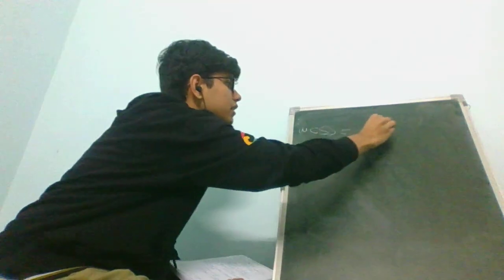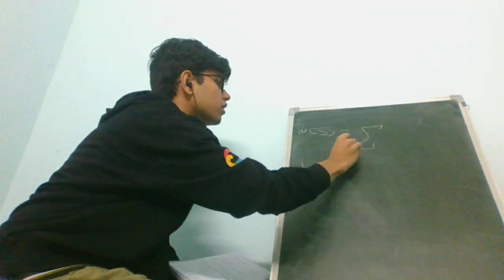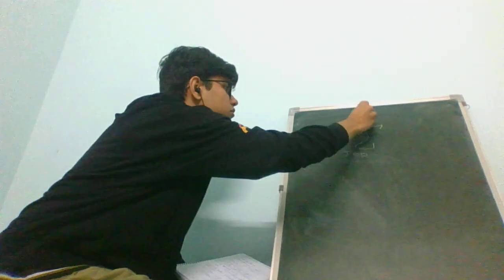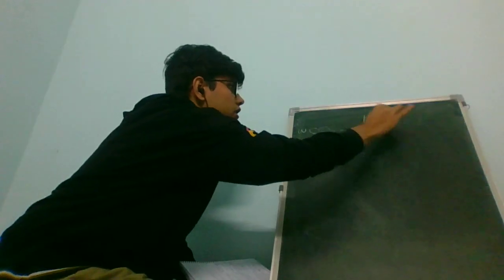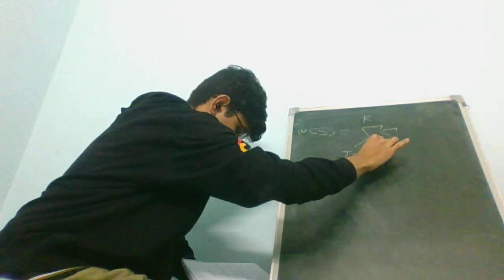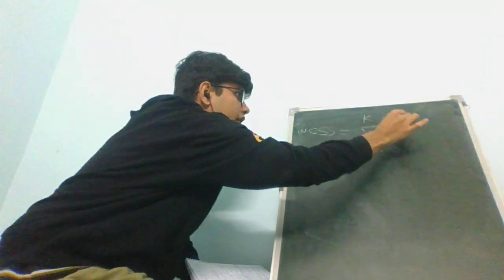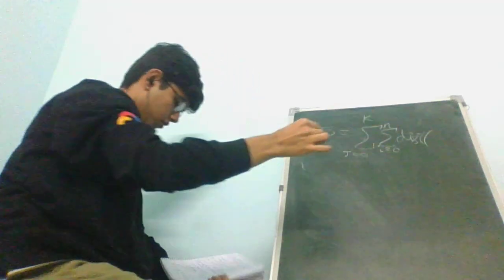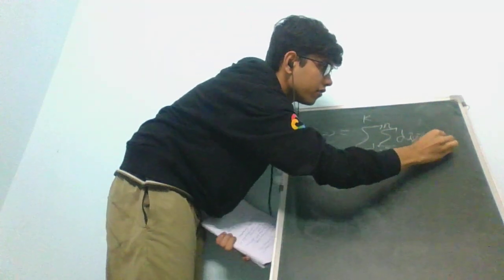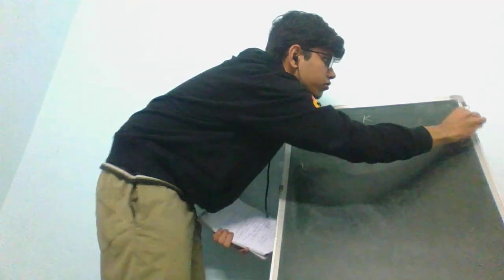WCSS is given by the summation of j from 0 to k, within which the summation of i from 0 to n of the distance of p_i and c_j squared.